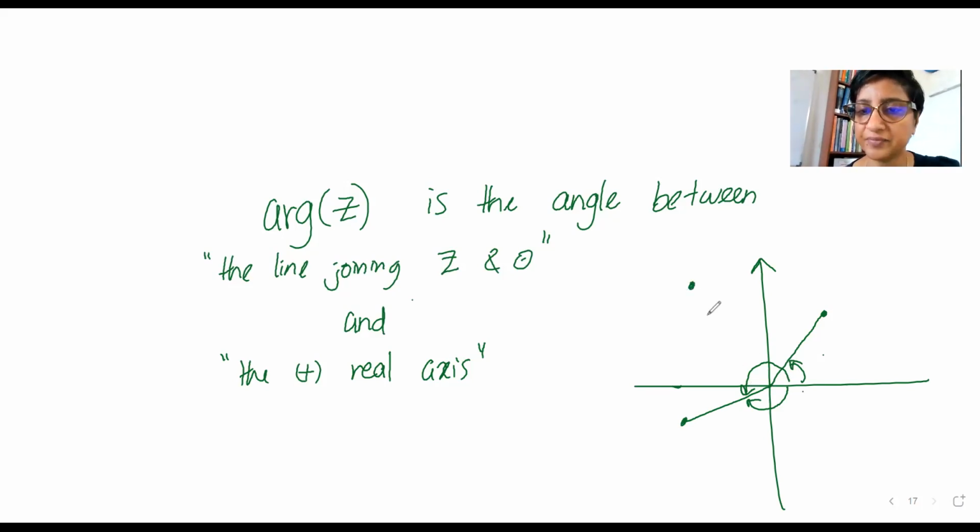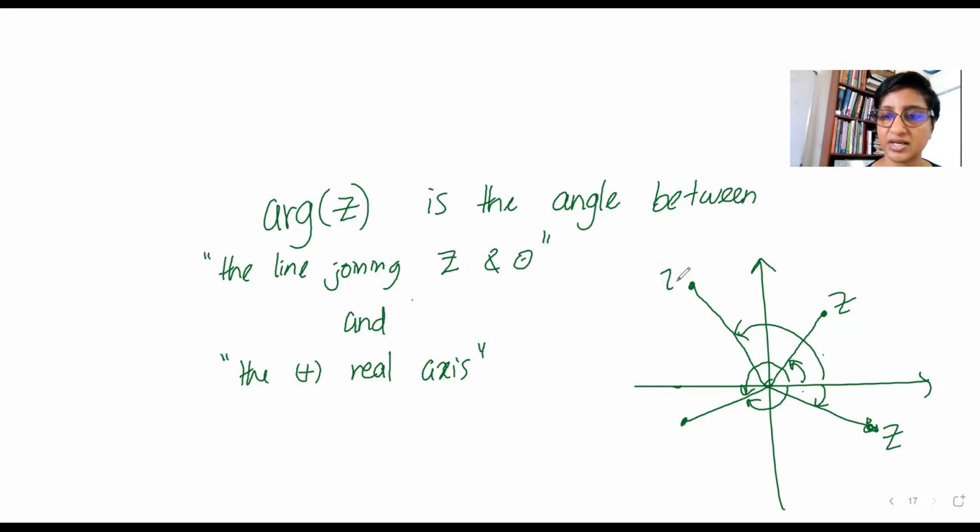They will tell you how to define it. You start measuring from the positive real axis, in either direction, up to the line connecting 0 and that Z, whatever that Z is. Okay, Malik?